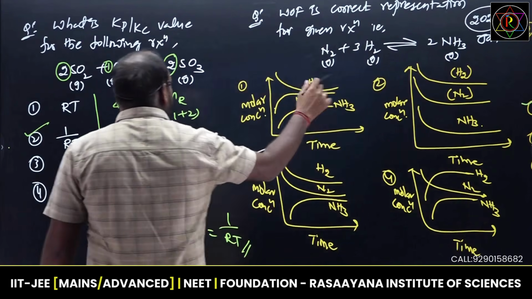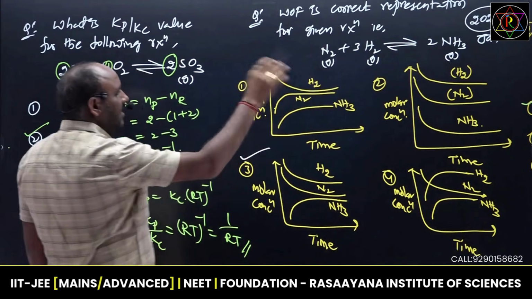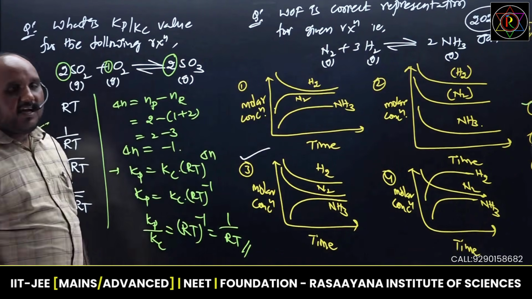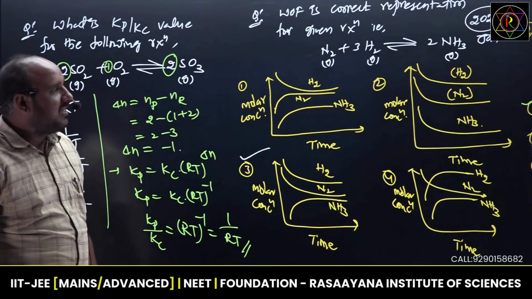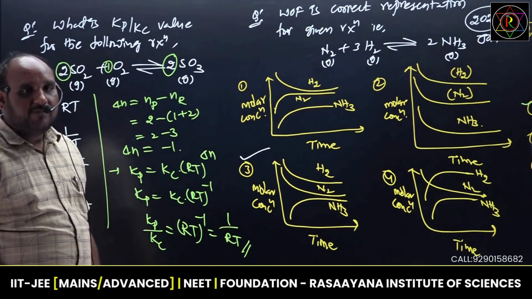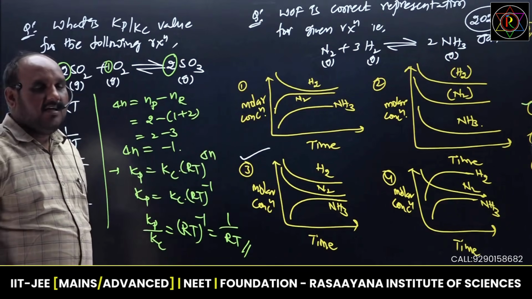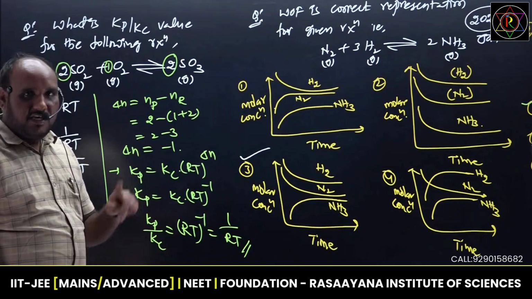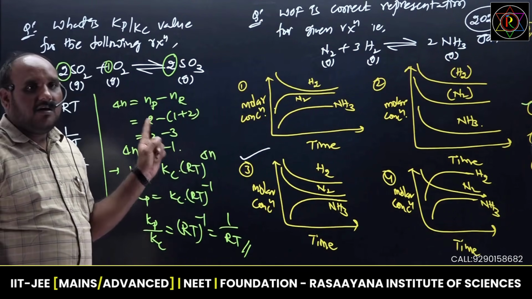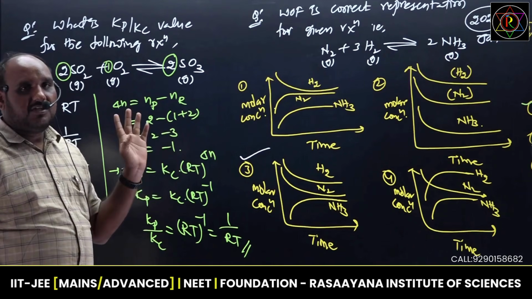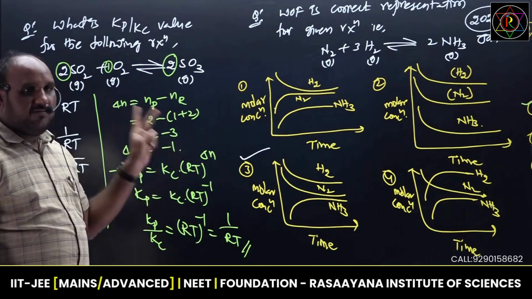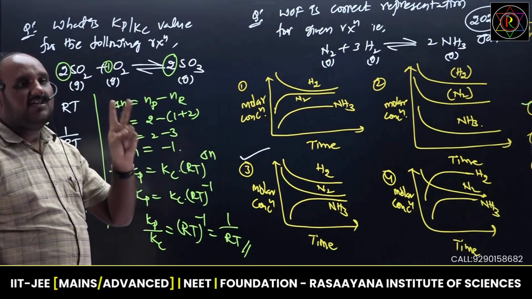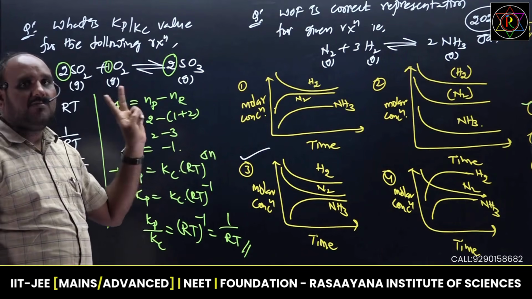So this is the representation of equilibrium, and how to write the equilibrium constant in terms of concentrations and in terms of pressures, that we have discussed already based on the law of chemical equilibrium and the law of mass action. So two laws are there: the law of mass action and the law of chemical equilibrium. With respect to those we are able to write the equilibrium constant.